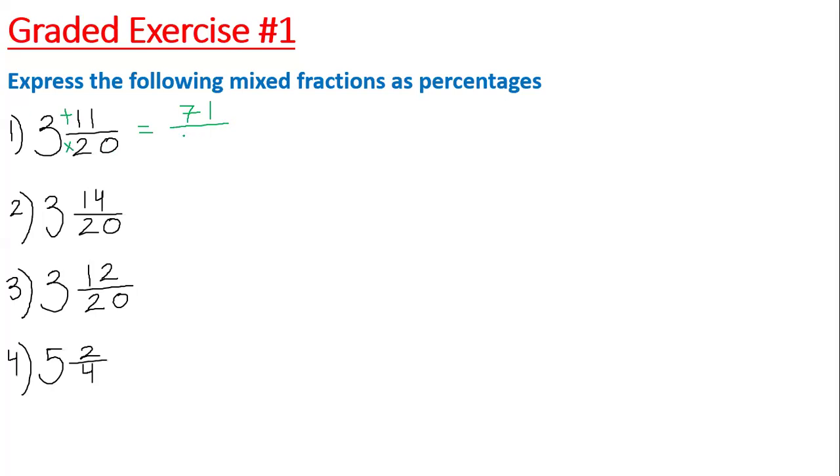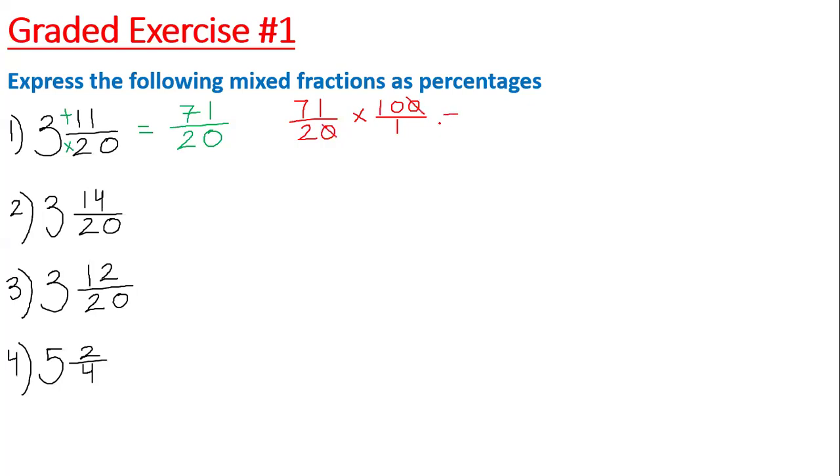And so we say 71 over 20. And then we're going to take that 71 over 20 and multiply it by 100 over 1. We'd say this 0 cancels out with what? This 0.